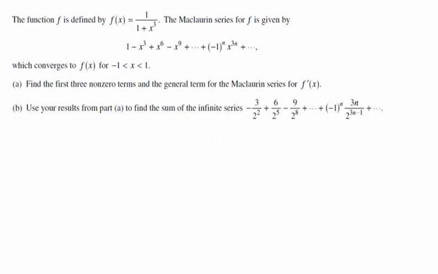So f prime of x is just going to be the term-by-term derivative. F prime of x will be 0 for the first term, minus 3x squared, plus 6x to the 5th, minus 9x to the 8th.